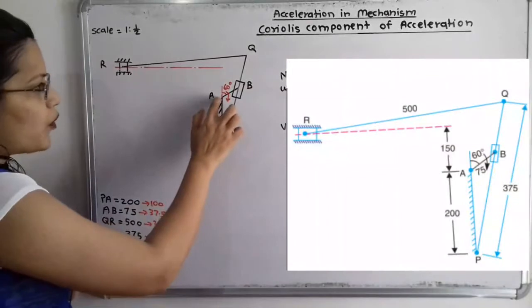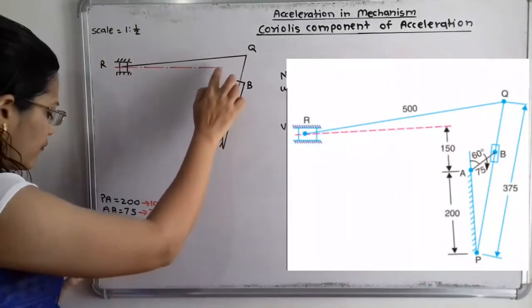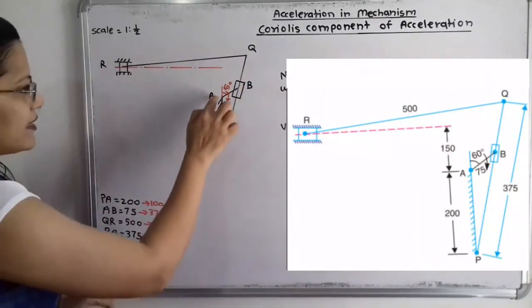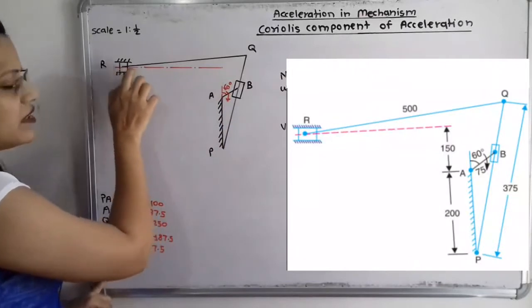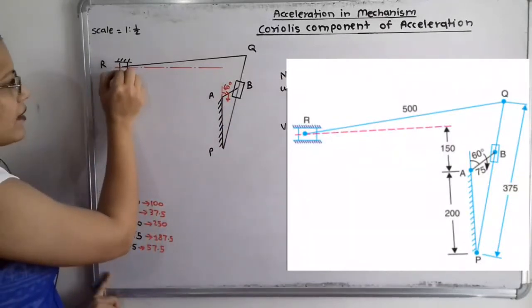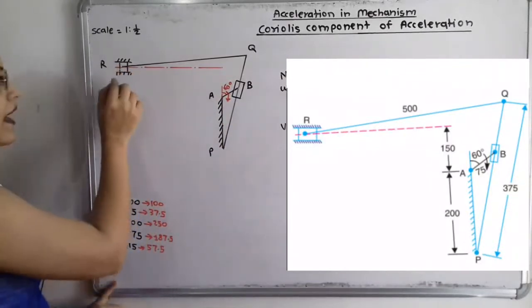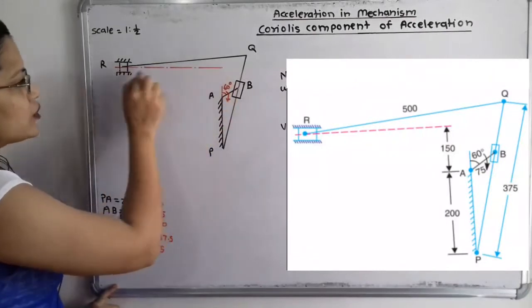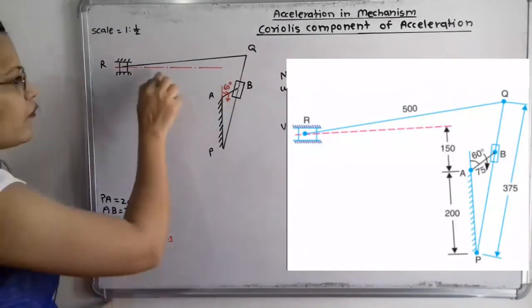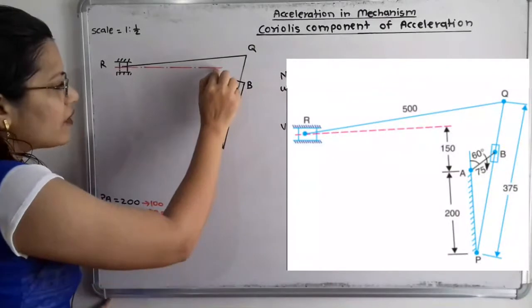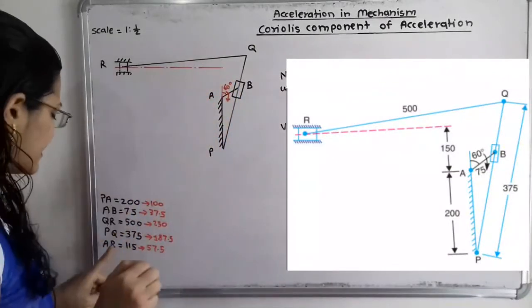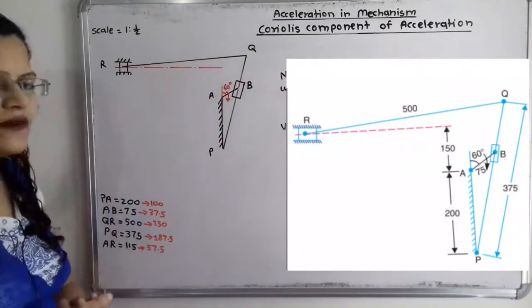Now from point A we have to take one vertical distance, because at R there is the ram R, and here there is motion along the horizontal line. For this horizontal line, the vertical distance from point A is given, that is 115 mm.